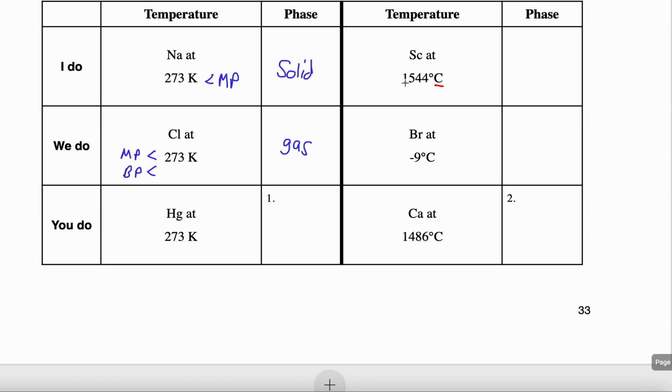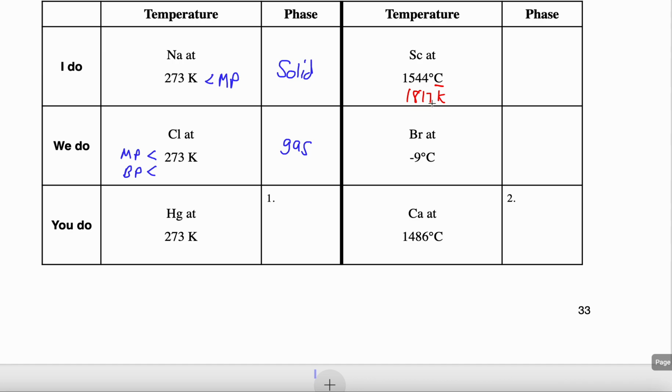So I need to first change 1,544 into kelvins, so then I can compare that temperature to scandium's melting and boiling point. So I add 273 to 1,544, and that's 1,817 kelvins. So I compare the Kelvin temperature to Table S.